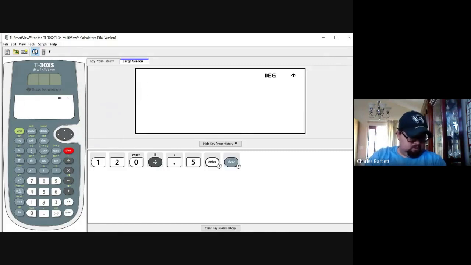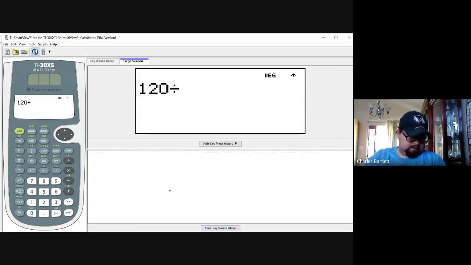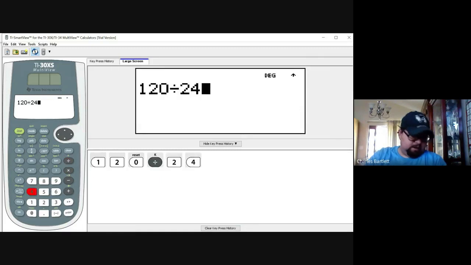So what was one we needed to check? 120 divided by 240, right? Volts divided by resistance, and we get our 0.5 for our amps.